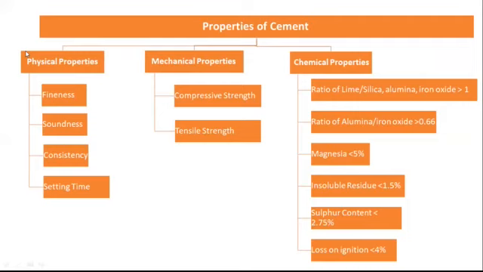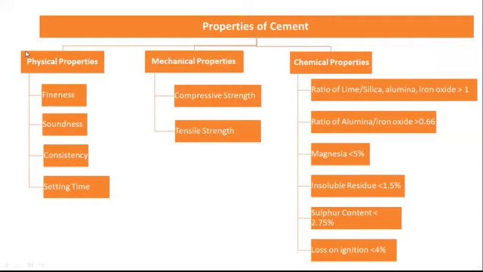Now, the chemical properties. In the chemical properties, ratios are given. The ratio of the percentage of lime to silica, alumina, and iron oxide should not be less than 0.66 and should not be more than 1.